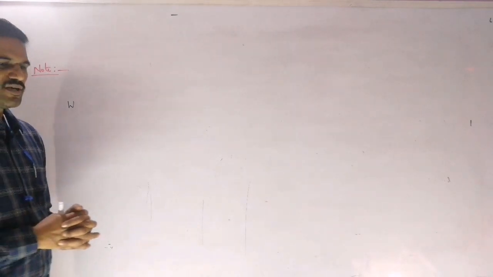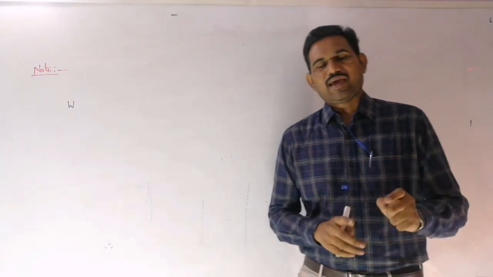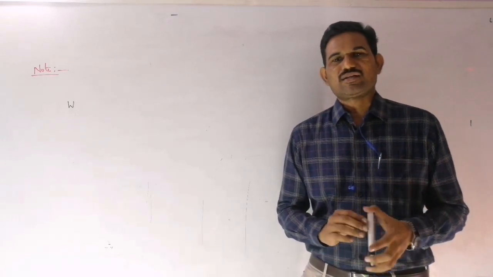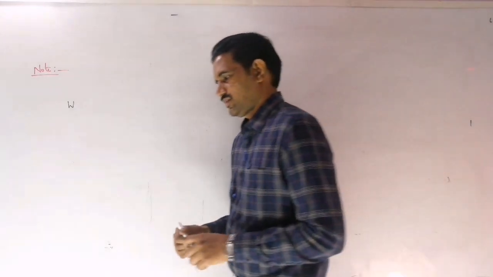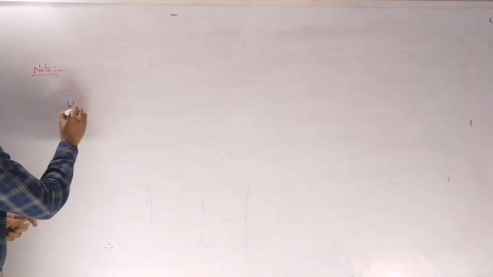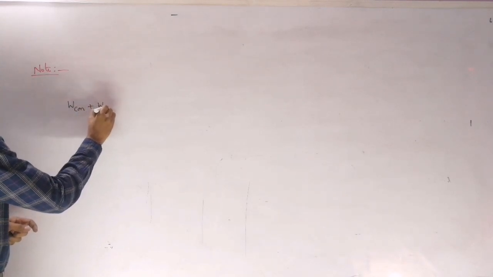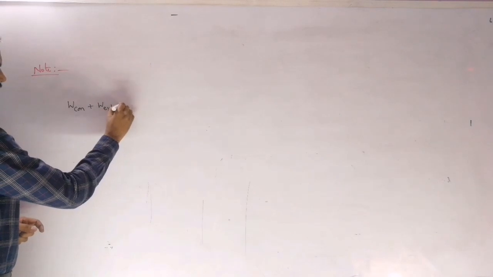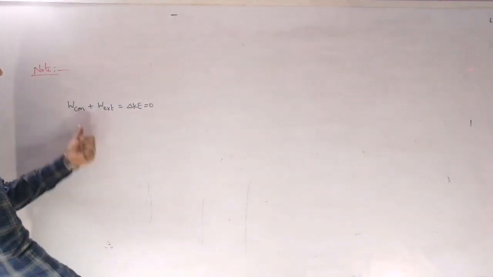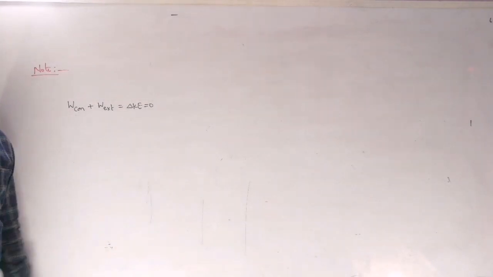When a body is displaced very slowly under the action of an external force and a conservative force, then the work energy theorem can be written as: work done by the conservative force plus work done by the external force is equal to change in kinetic energy.